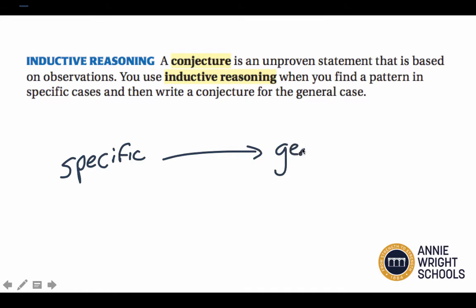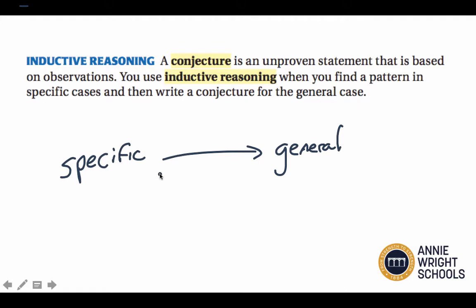Think of inductive reasoning as going from specific to general. We are observing a pattern and we're trying to come up with a general rule for that pattern.